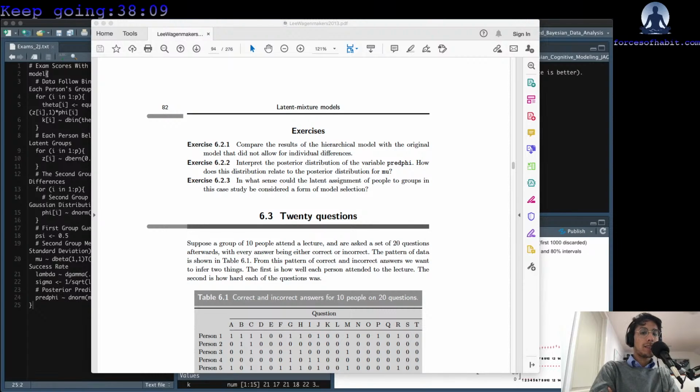When a participant is assigned to the guessing group, this means that a guessing model is, we believe, a better explanation for the observed data than a knowledge-based model. Okay, so that's how model selection works. We were able to identify these two models for knowledgeable and guessers, and z helps us choose which of these models is a better fit given what we observed in the pattern of the individual's responses.